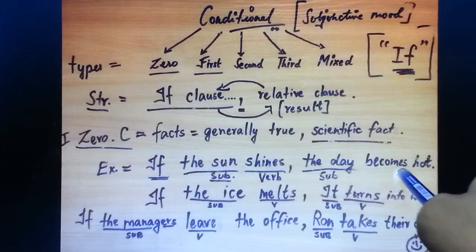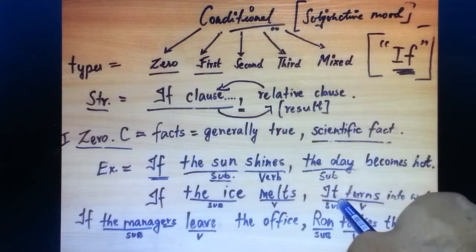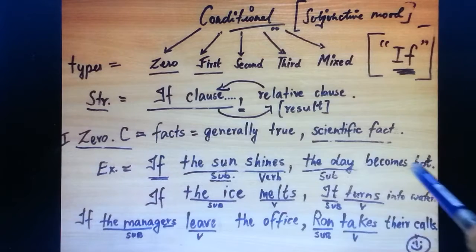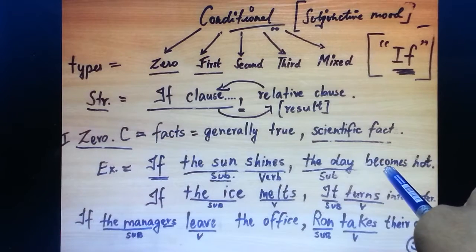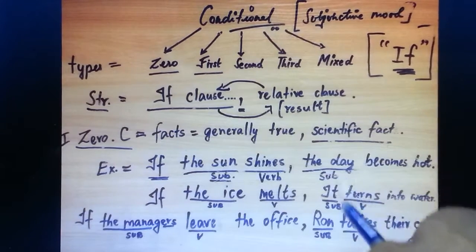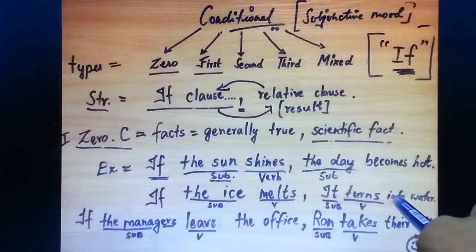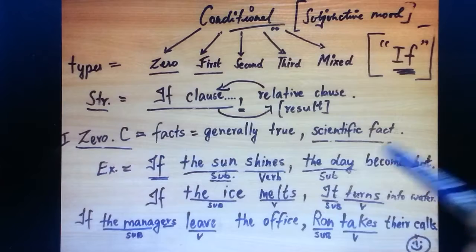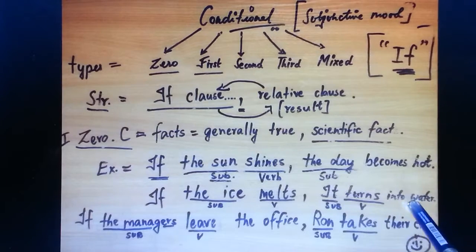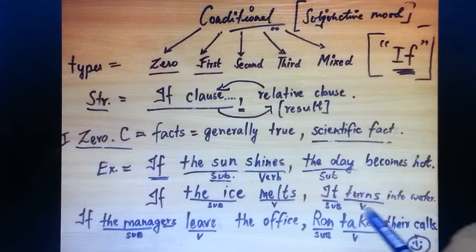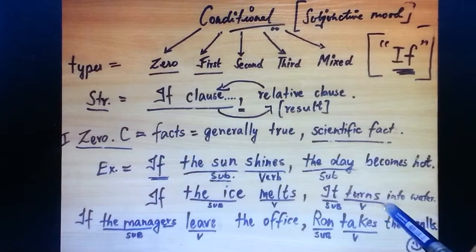this is a phrasal verb. I just gave an extra example so that I could use a different form here. This was the verb in the earlier sentence, and this one is a phrasal verb. You know that a phrasal verb has a verb and a preposition. So turns into, if I want to change this phrasal verb into a verb, then turns into means changes.